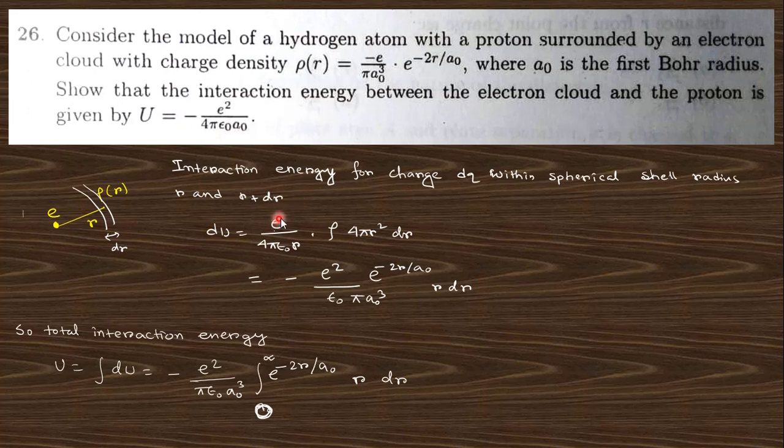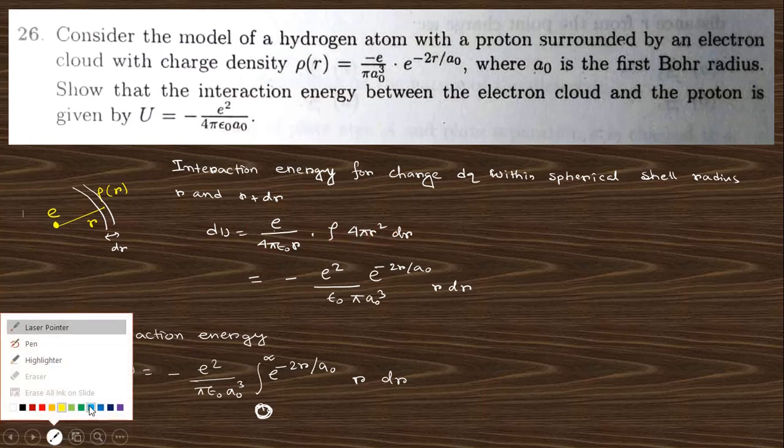So due to this dq charge within this spherical shell of radius r and r plus dr, this is nothing but e by 4 pi epsilon r times rho times 4 pi r square dr. So the potential energy will be like that, and the corresponding interaction energy will be like that. Just simply, I think you got this point: charge by 4 pi epsilon r is the potential, and this is the dq, right?